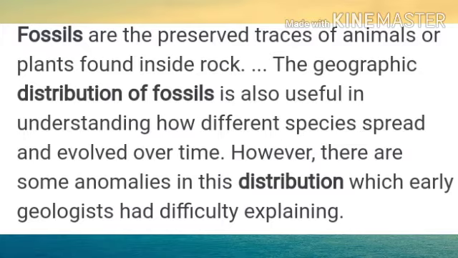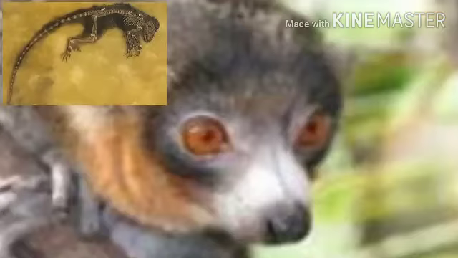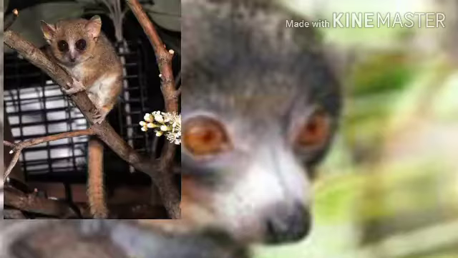Identical species of animals and plants are found along the coastal regions of the different continents. As for Lemuria, the observation that lemurs occur in India, Madagascar, and Africa led some to consider a contiguous landmass, Lemuria, linking these three landmasses.